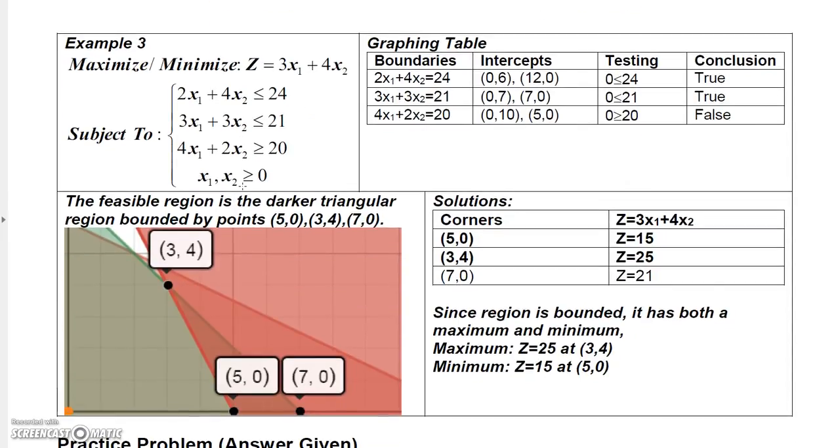Okay, now let's go ahead and take a look at another one. We actually did this one earlier, so I'm not going to spend a lot of time on the graphing. But notice I asked you to both maximize and minimize this one.